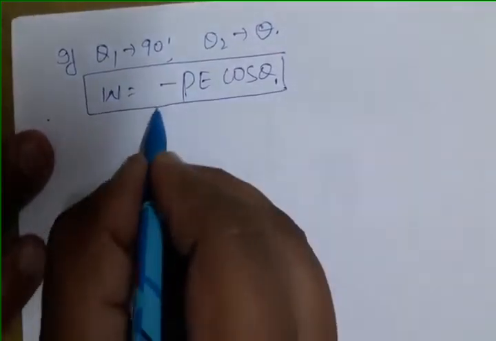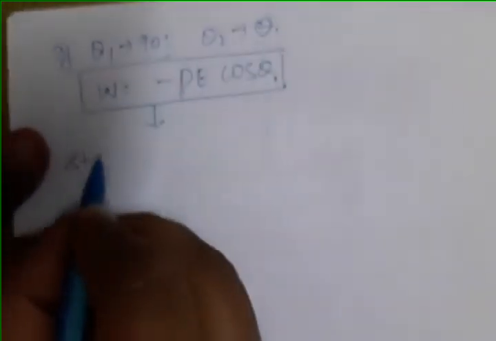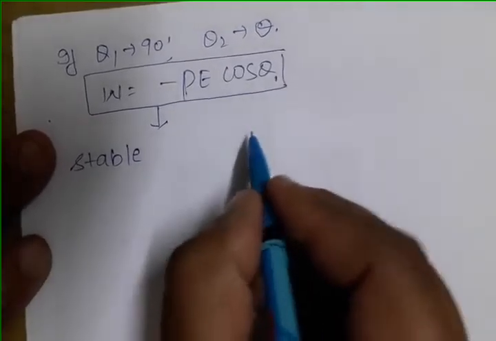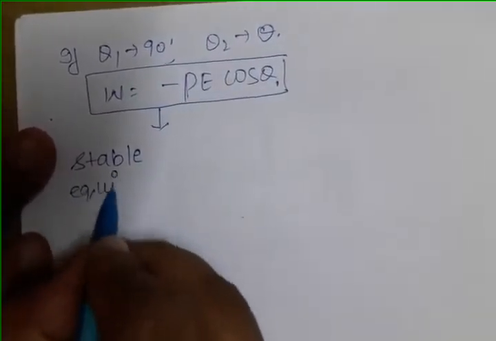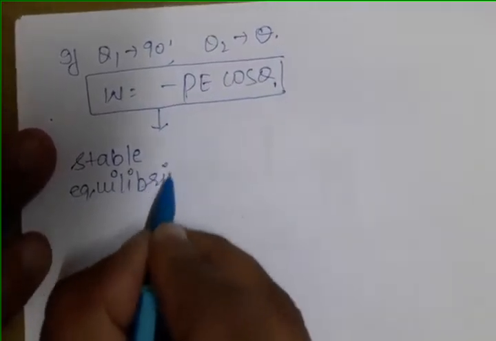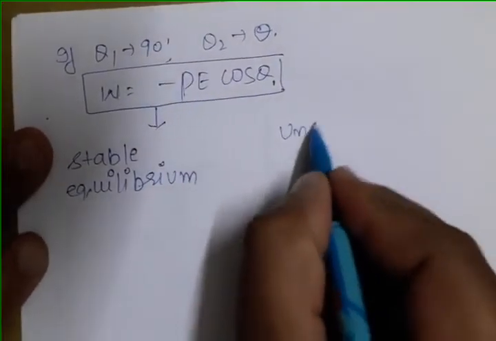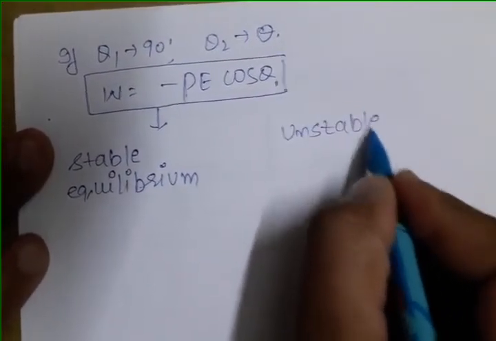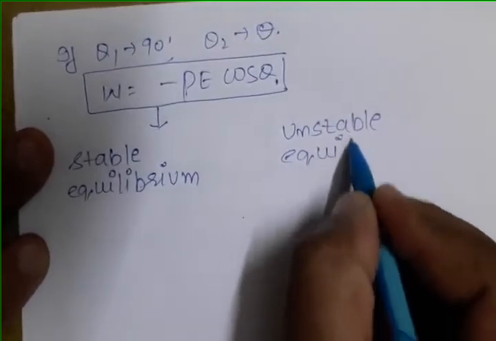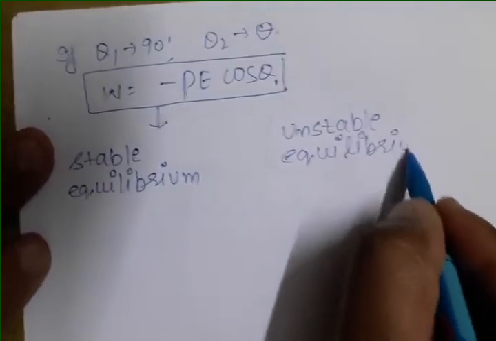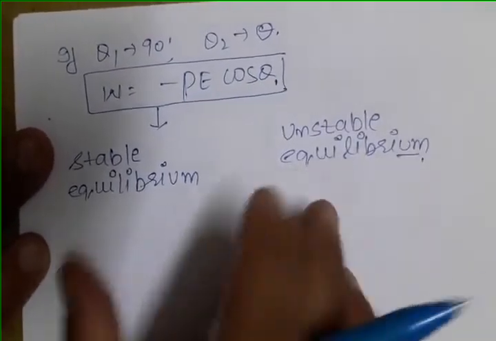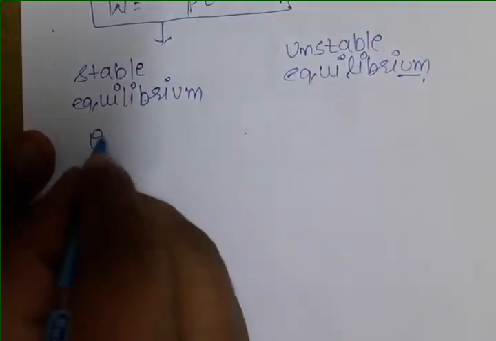Now here arises the most important question: there are two types of equilibrium, stable equilibrium and unstable equilibrium. What is the condition for stable equilibrium?